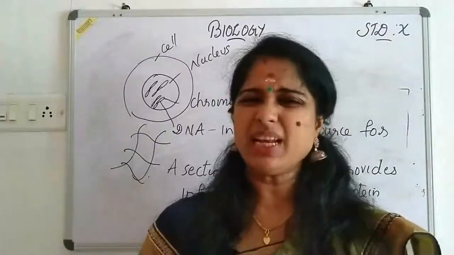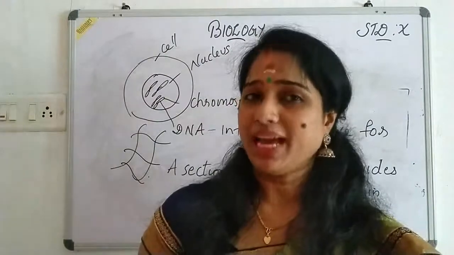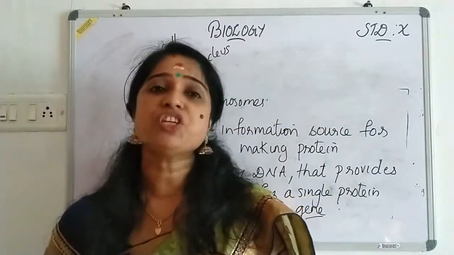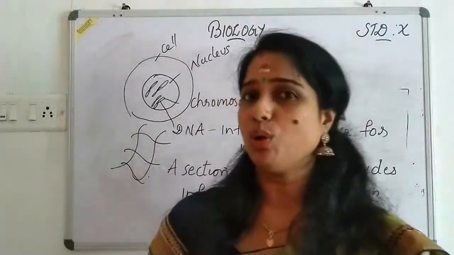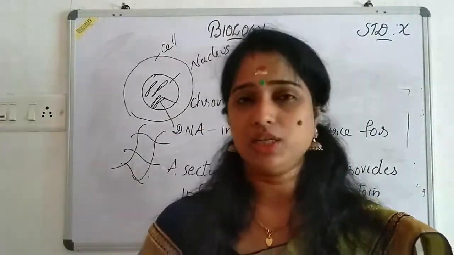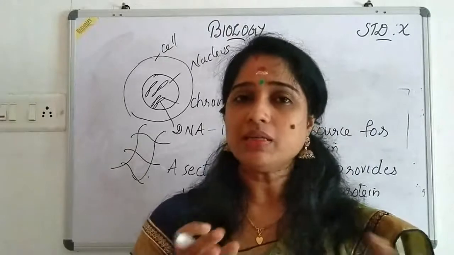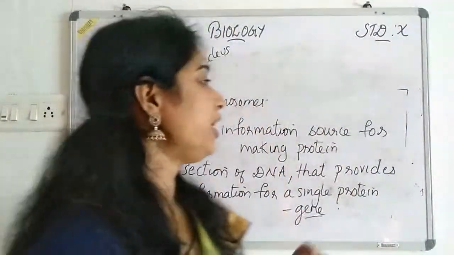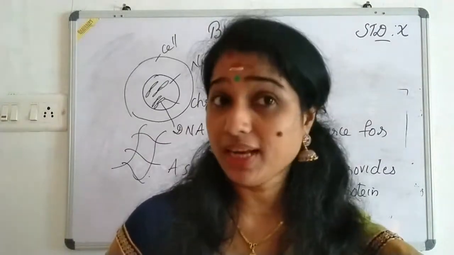But if that protein has some problem, or the gene is not efficient enough to support growth hormone, definitely that individual will be dwarf. So here DNA plays a very important role because DNA is the information source for making proteins.